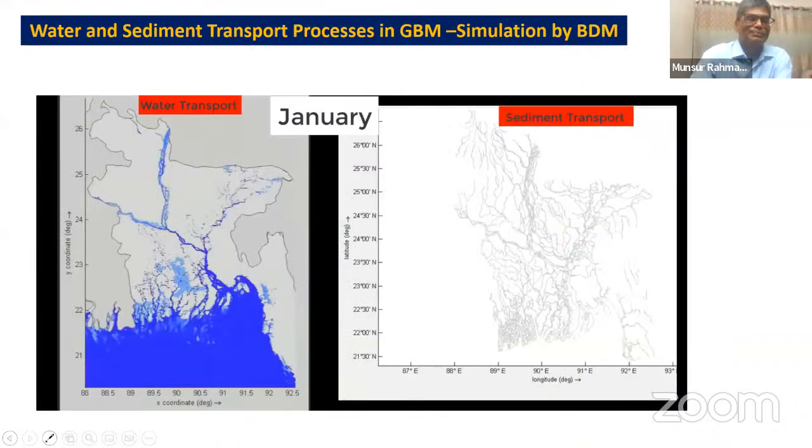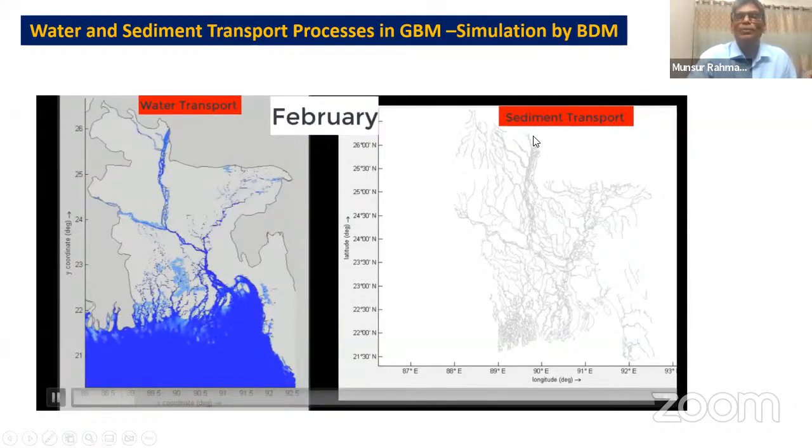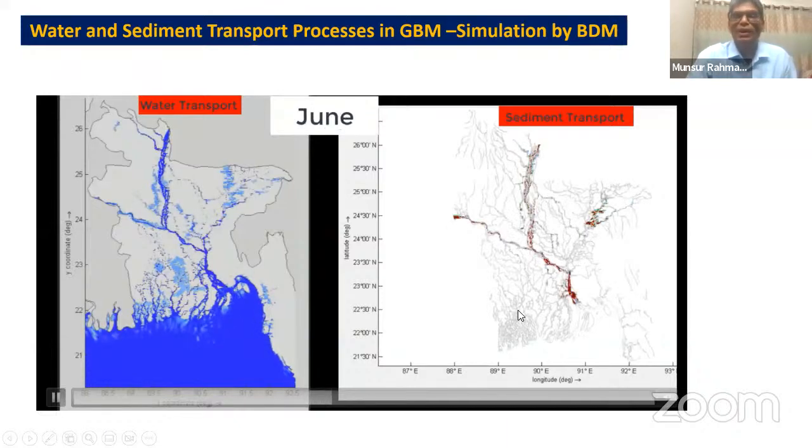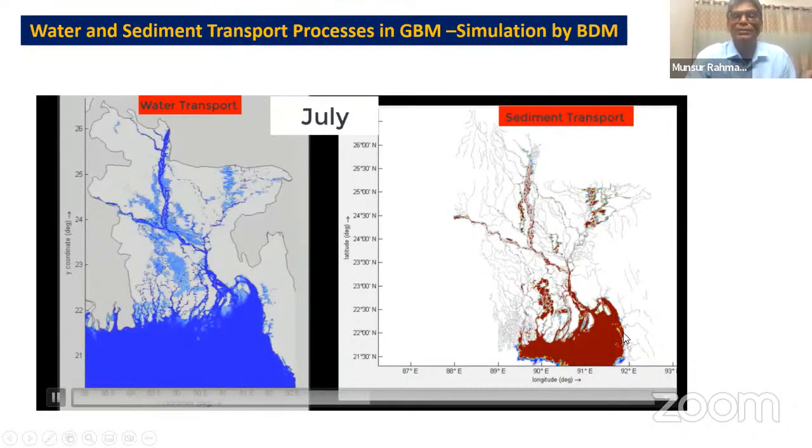And then we have some simulation, like the water transport and sediment transport. Simultaneously, we can see for the extreme flooding condition. And then we can see how the natural sediment and water are being transported in the system.